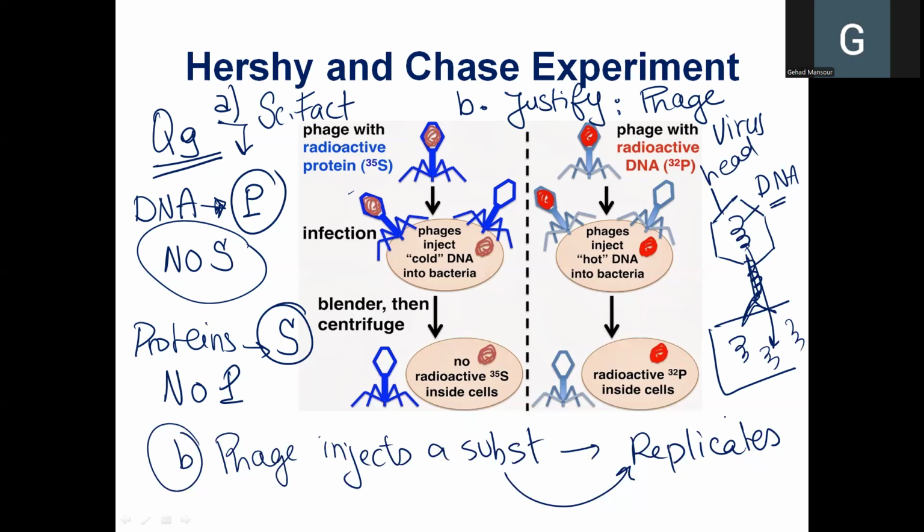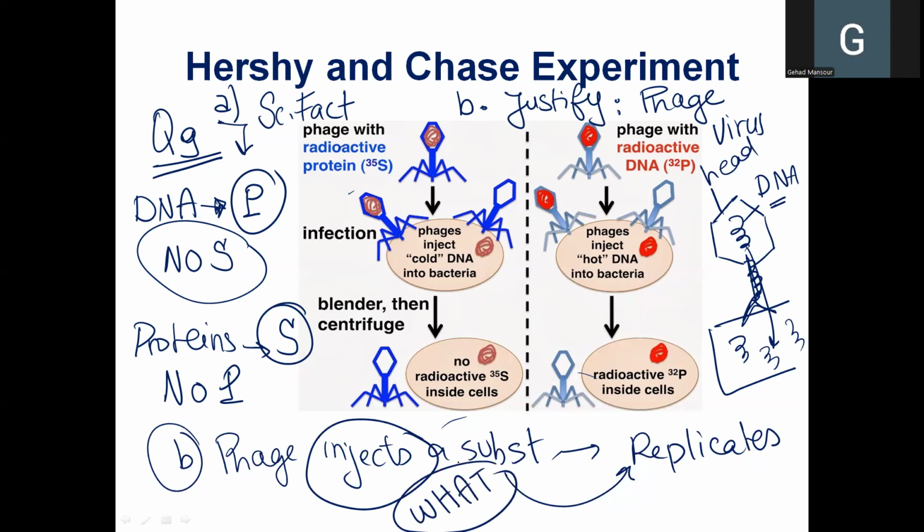They wanted to prove that whatever substance is injected in the bacterium will be the genetic material. Why? Because it helps the bacteriophage multiply and reproduce. So they wanted to know what exactly was injected by the virus.